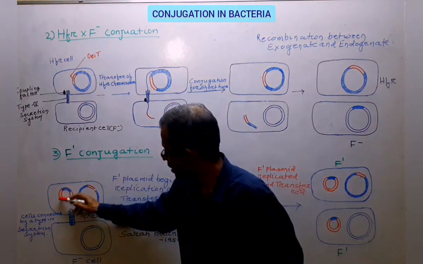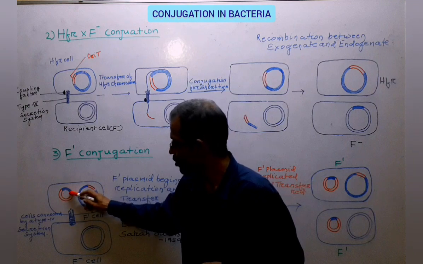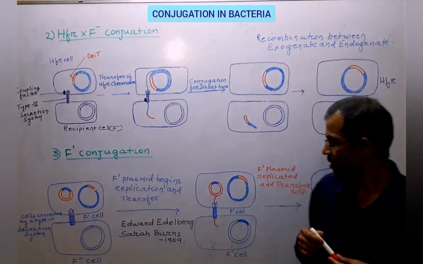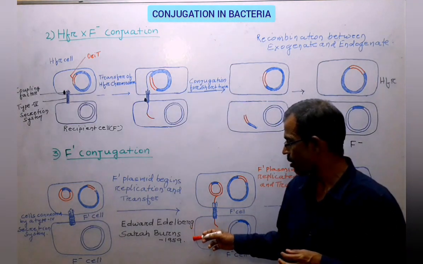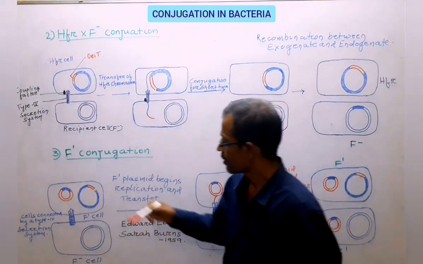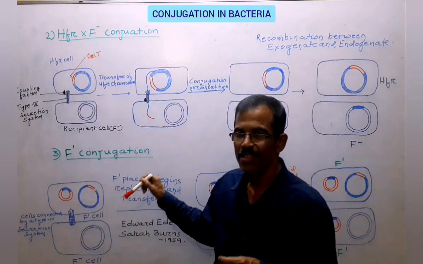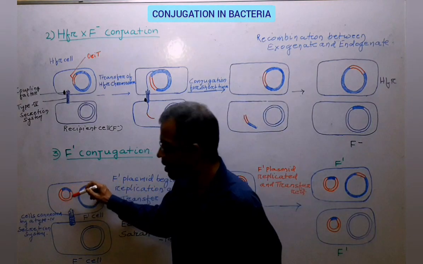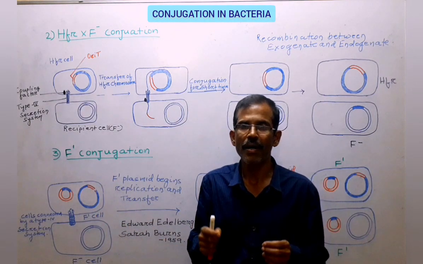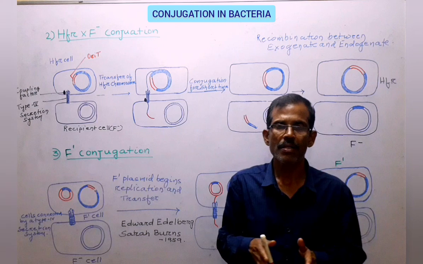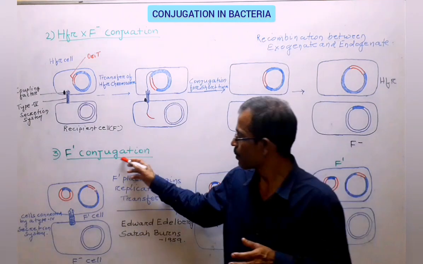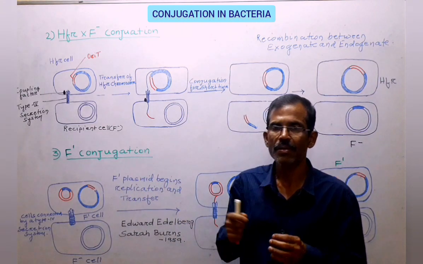Such an F factor that carries some of the chromosomal genes is called an F prime factor, which was first identified by Edward Adelberg and Sarah Burns in 1959. The bacterial cells which contain the F prime factor are termed F prime cells, which are rare in the Hfr culture.